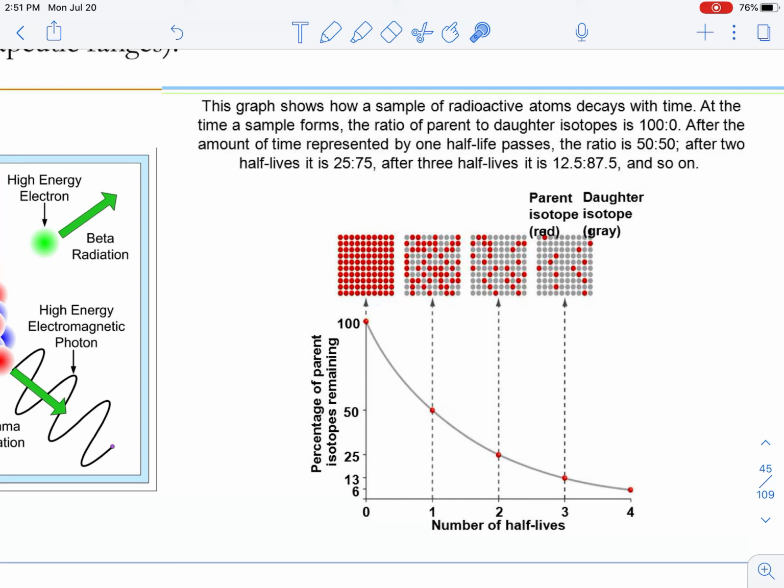So the amount of time here, the t1/2, is the same as the amount of time here, as well as the amount of time here.